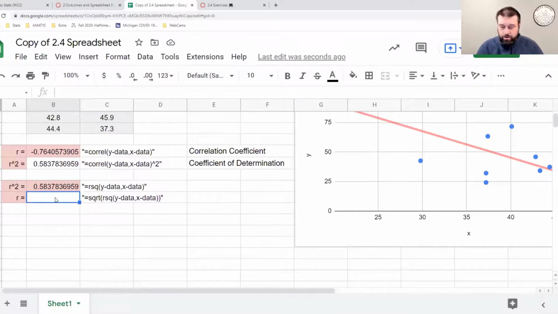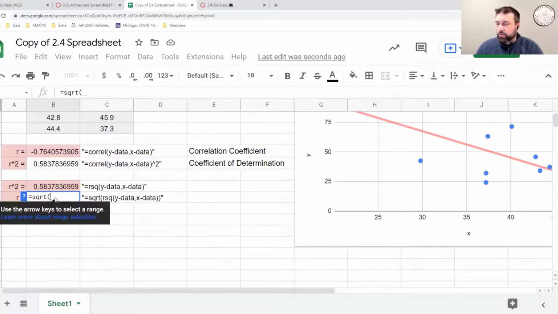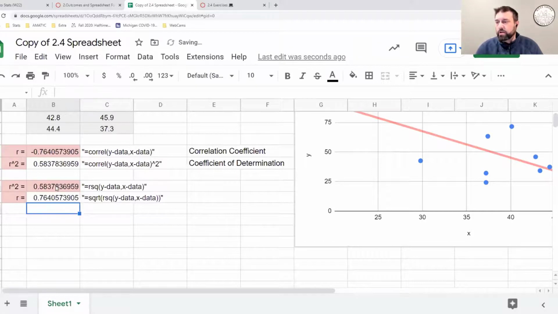Now let's go to R, and we're going to do SQRT. We're going to take the square root of this value, and you'll see that it's exactly the same as this one. But there is a slight difference. You notice that this value is positive and this value is negative. If you decide to find R indirectly by square rooting the R squared, remember that when you square root a number, there are actually two answers, a positive answer and a negative answer.